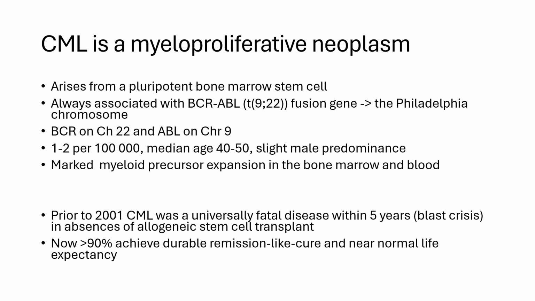There's a slight male predominance, but not really, and essentially what you get is expansion of the myeloid precursor cells in the bone marrow, and that causes sometimes symptoms and then other problems within your marrow.